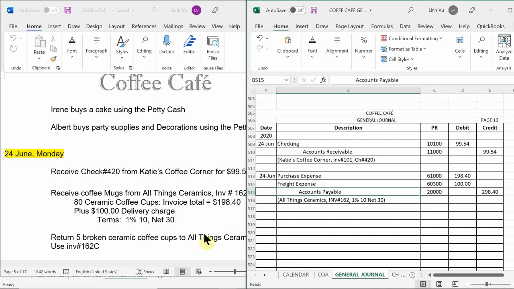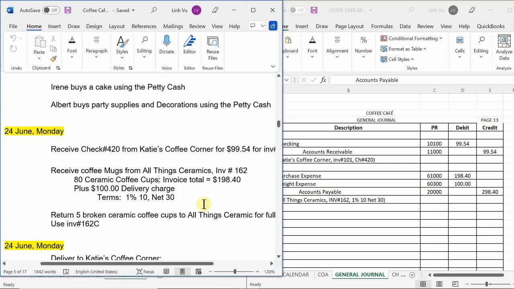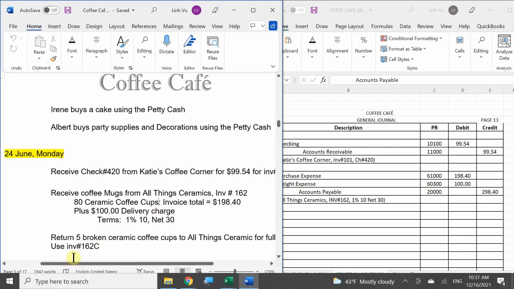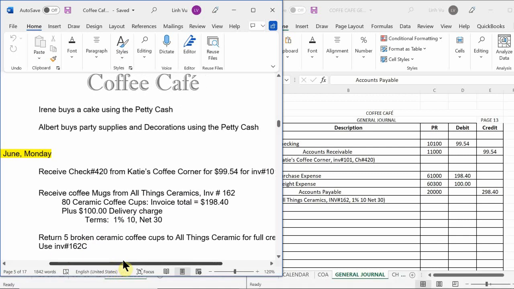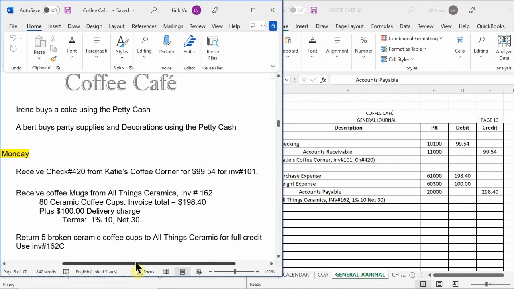So then now that we received the coffee mugs, what happened? We made a return. Yep, we made a return because in this case, when we opened the box, we found that 5 of the ceramic coffee mugs were broken.